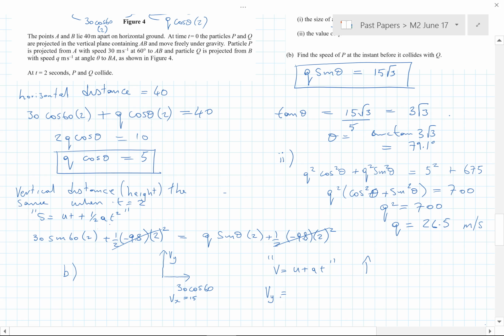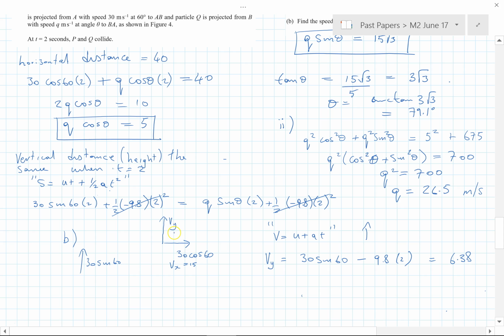Vy is equal to the initial, which is 30 sine 60 upwards, plus the acceleration, minus 9.8, or deceleration, times 2. That comes to approximately 6.38, actually 6.3807 and so on, but we can now work out the speed.